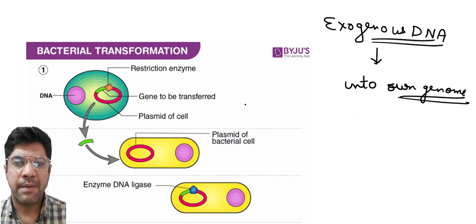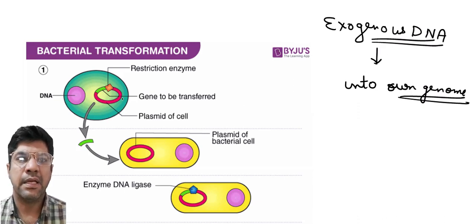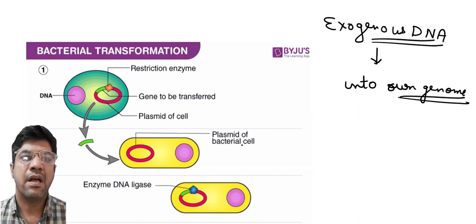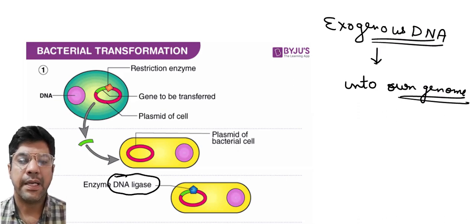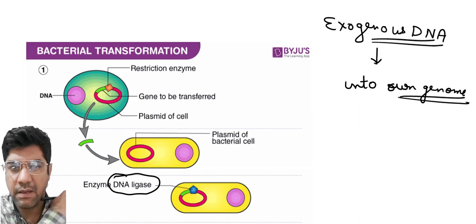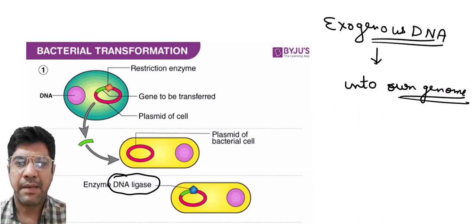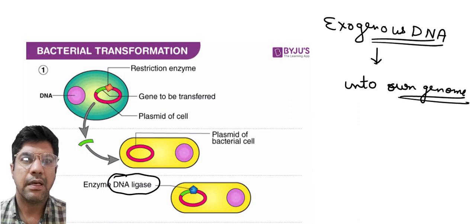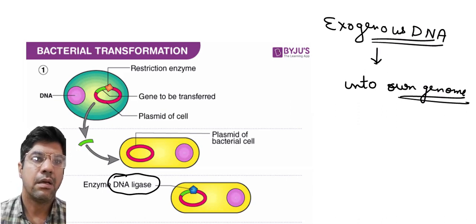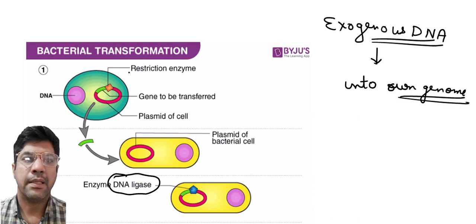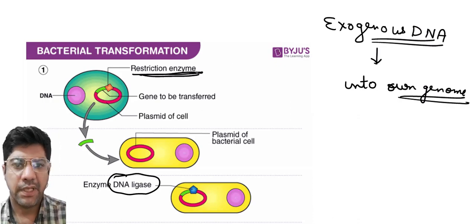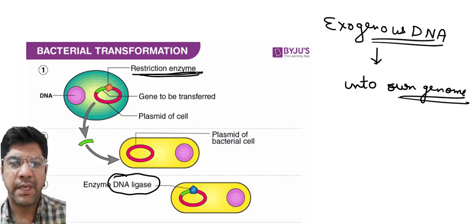The DNA that is taken up is fragmented by restriction enzyme, so that the bacteria can prepare it for integration into their own genome.